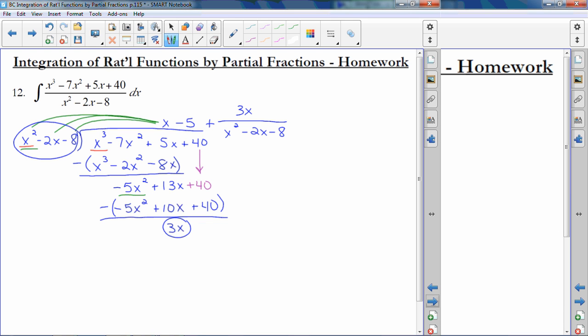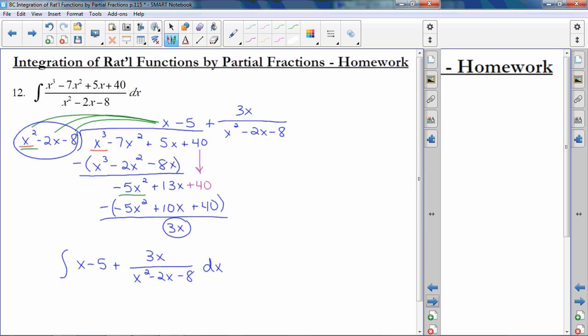So if we rewrite our integral as x minus 5 plus 3x over x squared minus 2x minus 8 dx. I've turned it into something that I can handle now. I can easily integrate x. I can easily integrate -5.